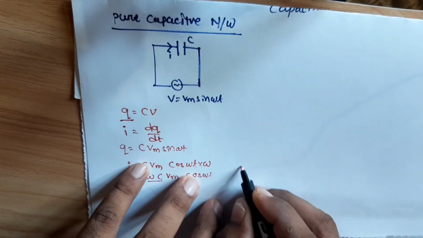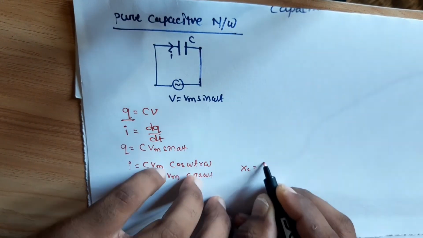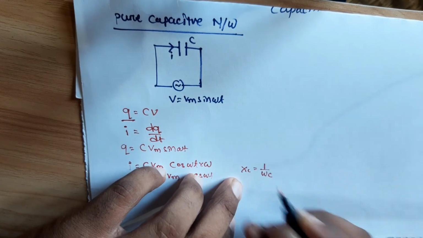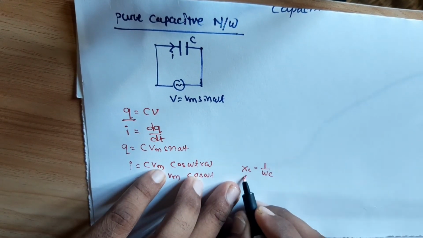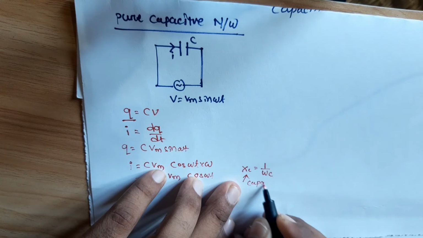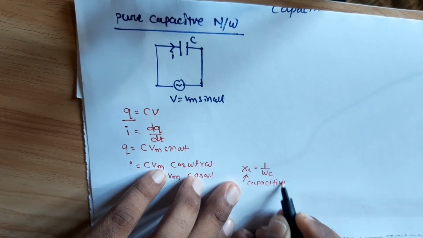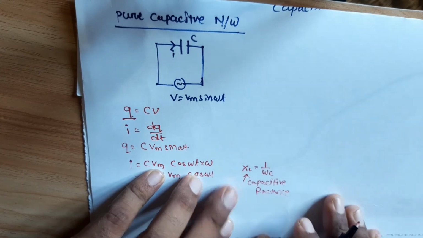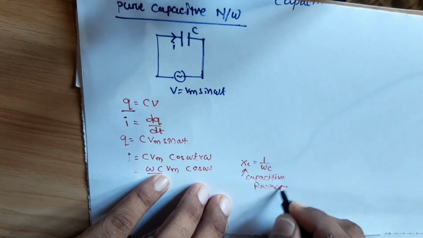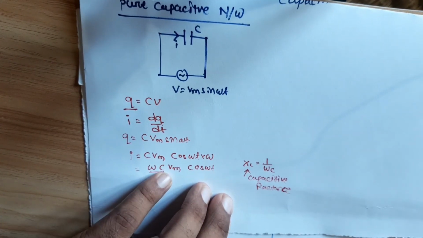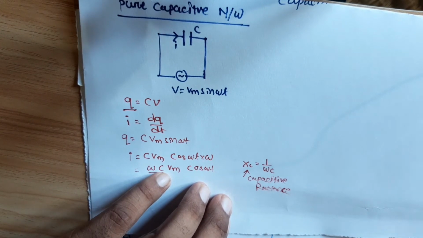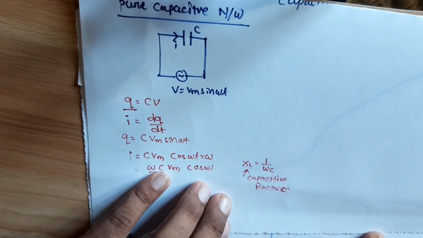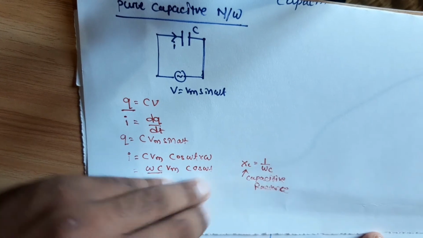We know Xc equals 1 by omega C. This is the capacitive reactance, the amount of resistive factor in the capacitor.